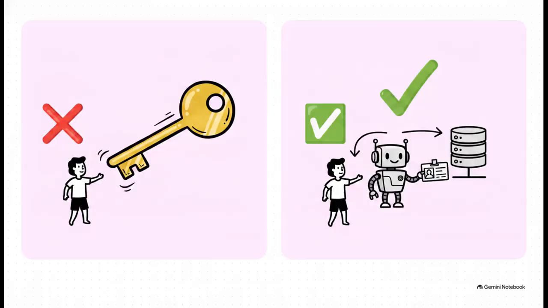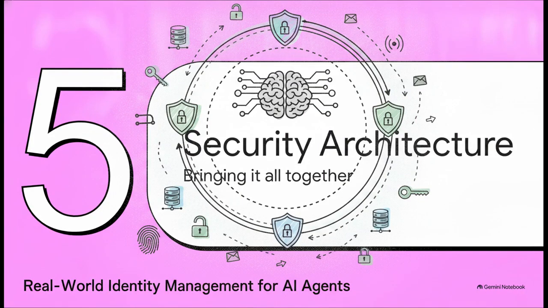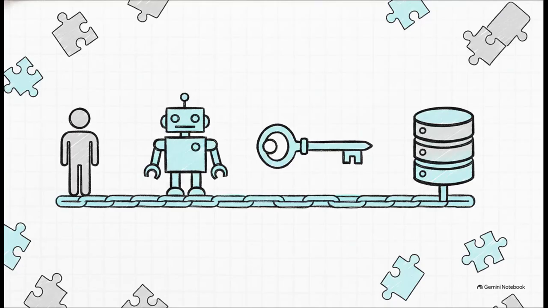Finally, let's head into Section 5, Real-World Security Architecture, bringing it all together. Now, let's tie all these concepts into practical reality. What does this actually look like in practice for a mature, production-ready deployment? Concretely, you need an end-to-end defensible audit trail.